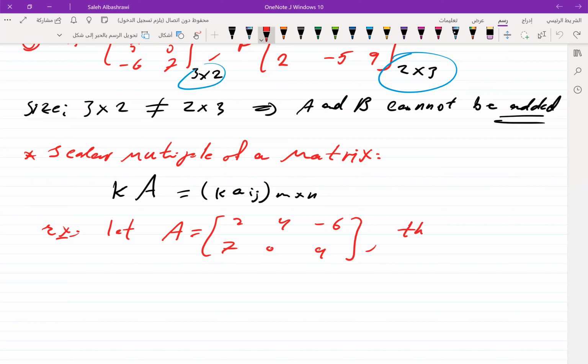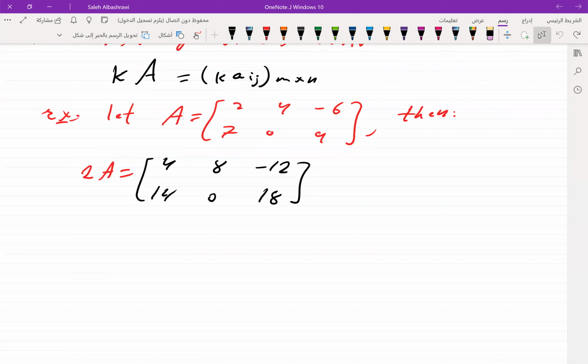Then 2A is multiply each element of the matrix A by 2. It will be 4, 8, minus 12, 14, 0, and 18. Multiply each element of the matrix A by the constant 2, or scalar 2.